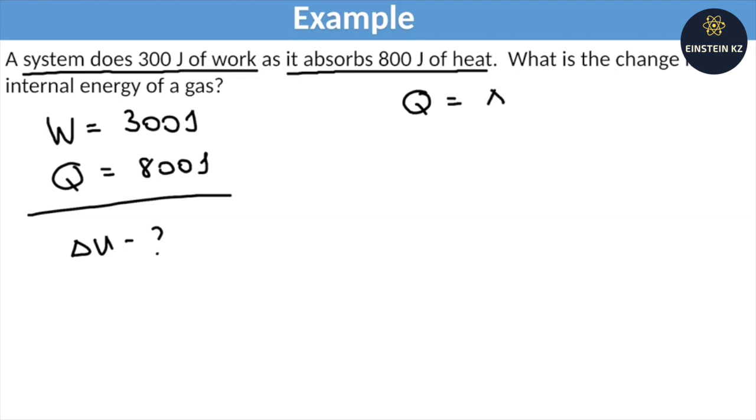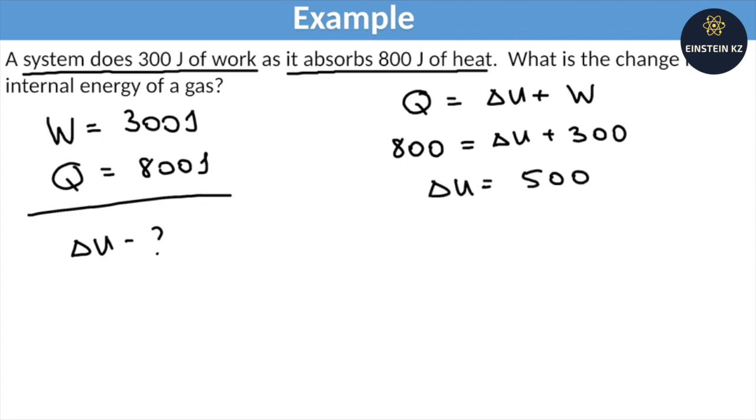Q is equal to delta U plus W. If we substitute the numbers, Q is 800, which is equal to delta U, unknown, plus W, which is 300. So delta U is equal to 500 joules.